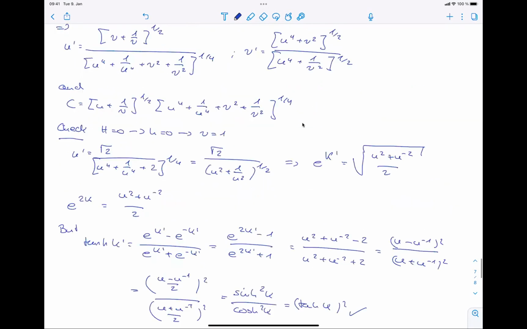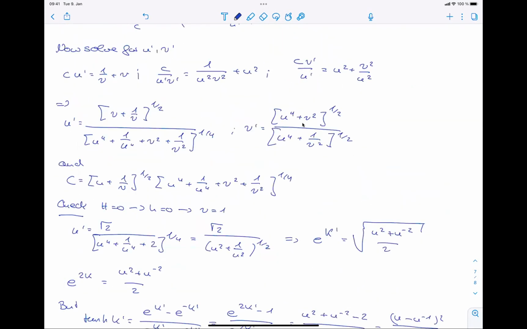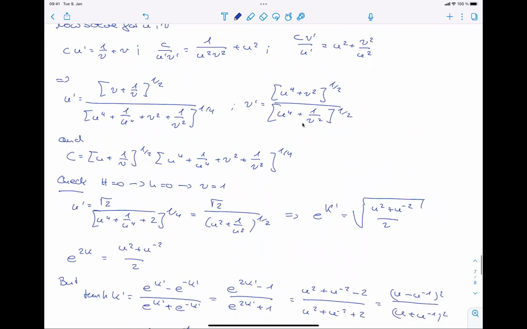But apart from the check, these equations for u prime and v prime and c now determine our renormalization group dynamics, and so we can now again do the spiel of looking into what the fixed points are and what the dynamics in the quality of these fixed points are.